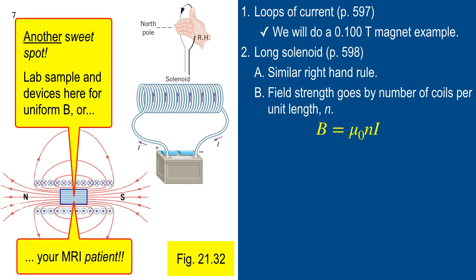Anyway, so this is figure 21-32. Now, what we're going to do is another example of this. Another 0.100 Tesla solenoid. Now, the magnetic field strength inside of an MRI machine, I'm going to have to look that up.